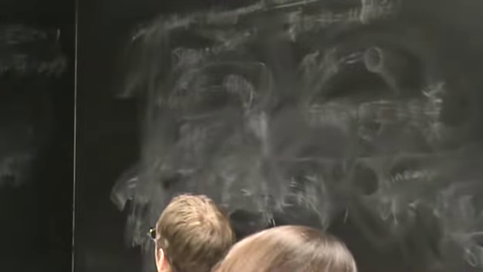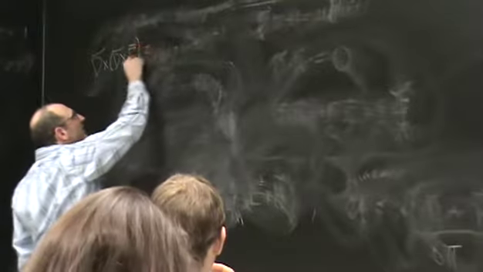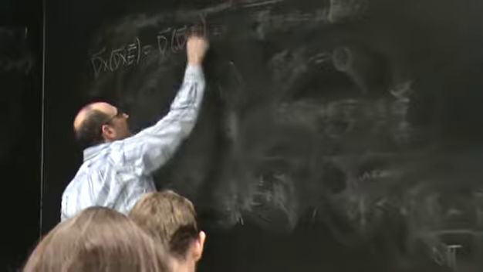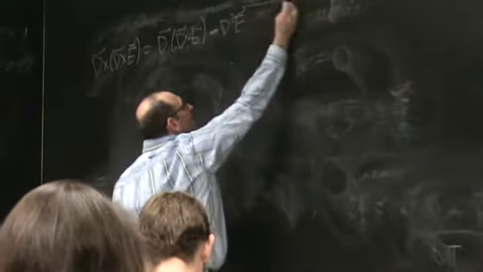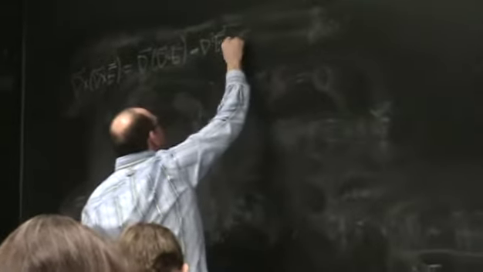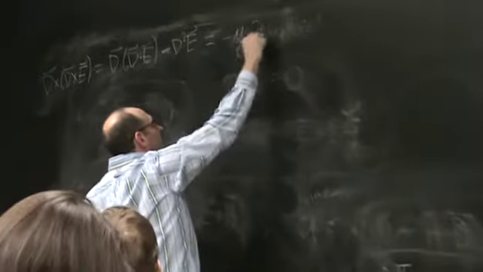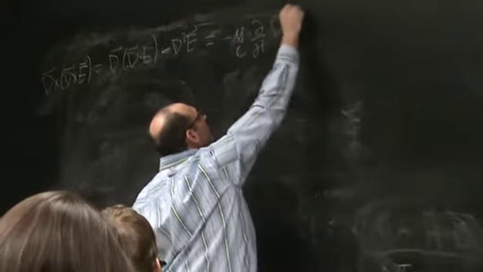Yes, take the curl. All right, let's take the curl. So curl of the curl of E is equal to the gradient of the divergence minus the Laplacian, is equal to minus mu over c d by dt, the curl of H.